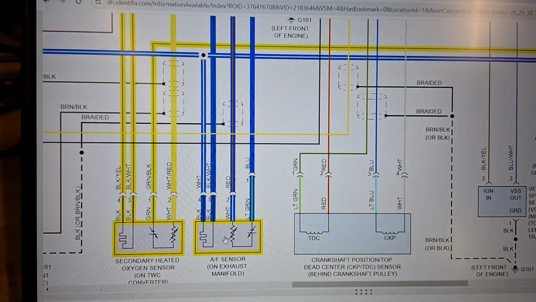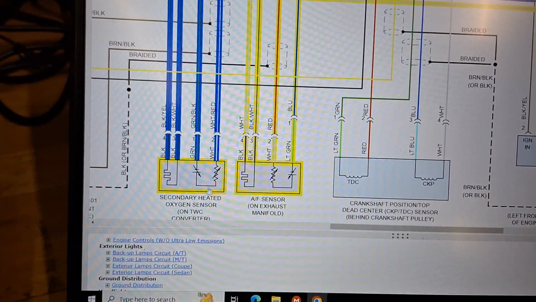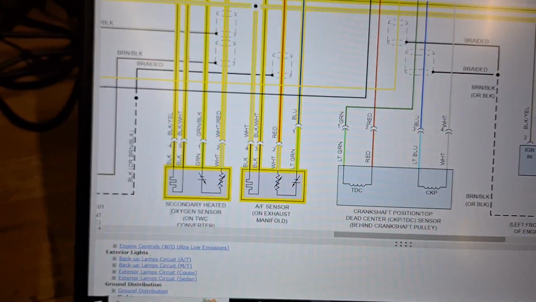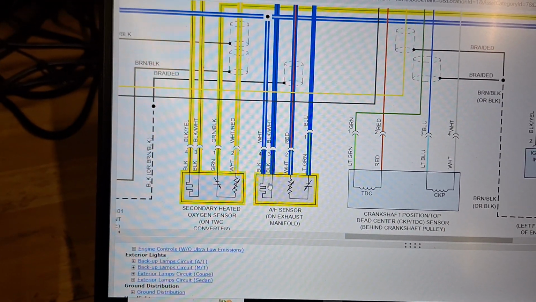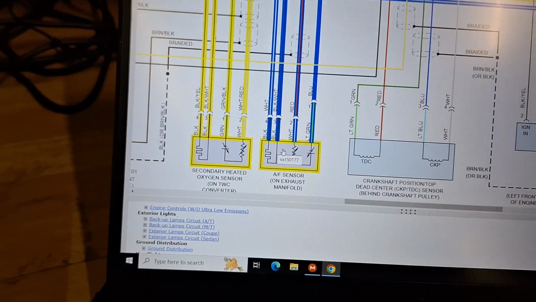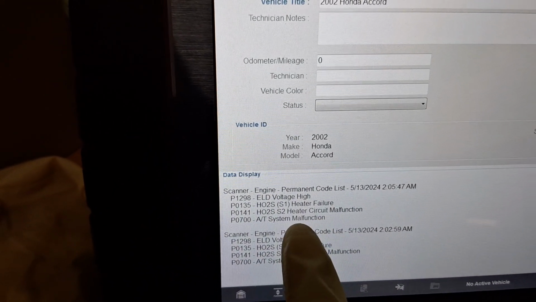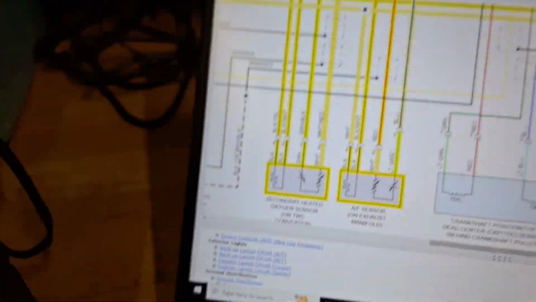Here's a wiring schematic for the bank 1 air fuel sensor, and then the secondary O2. We're looking at the heater part of the circuit, because remember, it's faulting for heater failure, and the same thing with sensor 2 heater. So let's see how this is tied together.